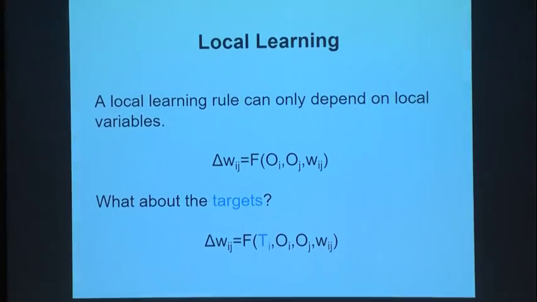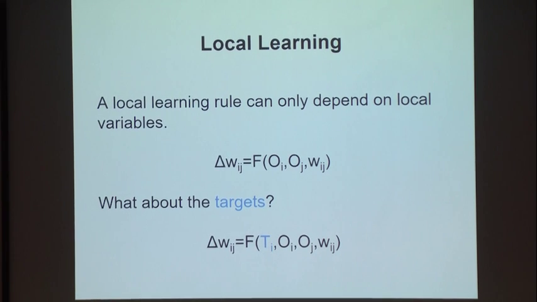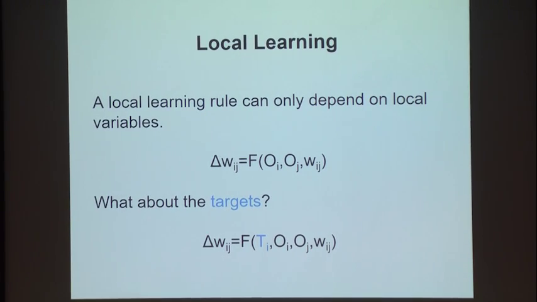All right, so if you start thinking in this way, you realize that in a physical system, a learning rule has to be local. It can only depend on local variables, right? So in these very simplified neurons, you can say that a learning rule for adjusting the weight of a synapse between neuron I and neuron J should be a function of local variables, and you can decide what you call local variables, but a reasonable choice would be the activity of the pre- and postsynaptic neurons and maybe the weight itself, right?